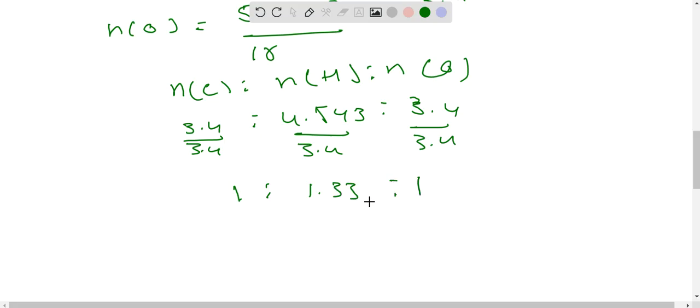Now we have to multiply or divide by 0.3 to get a whole number. So we get 3, 4, and 3. Here we divide by 3.4, and here we divide by 0.33.